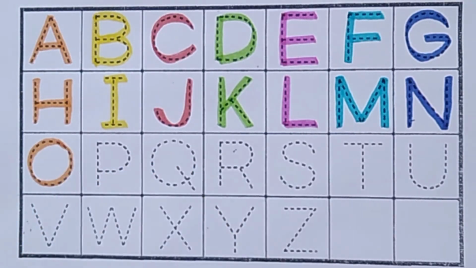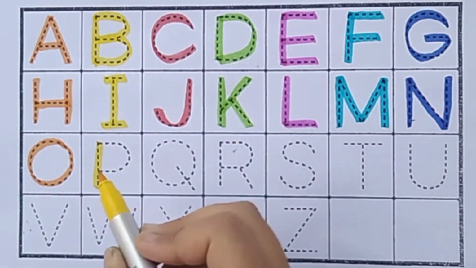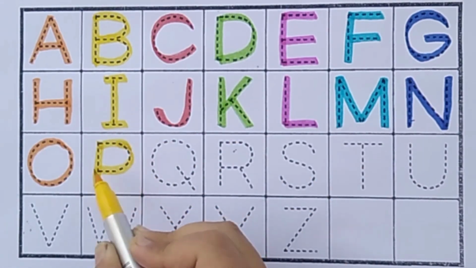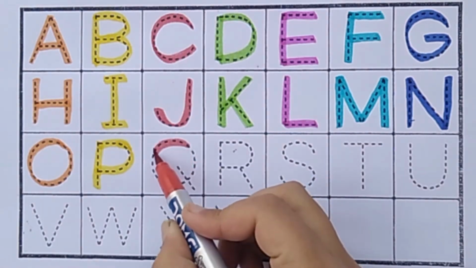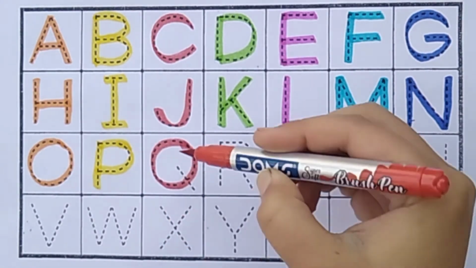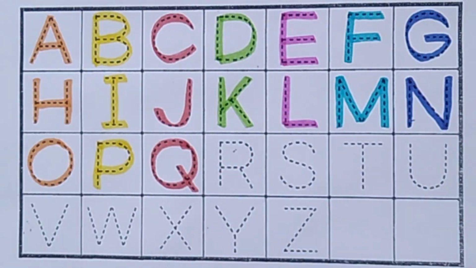O for orange. P for parrot. Q for queen.